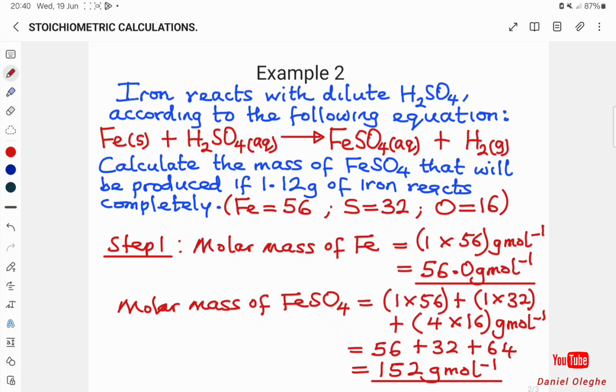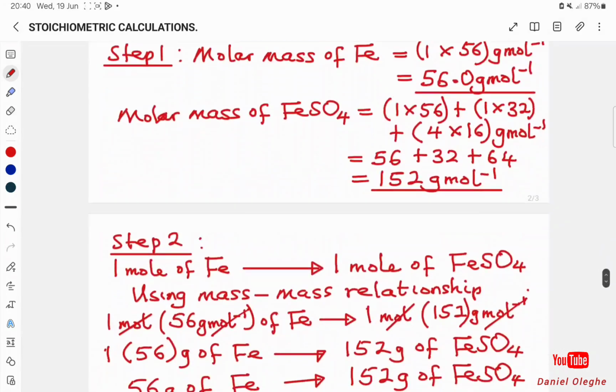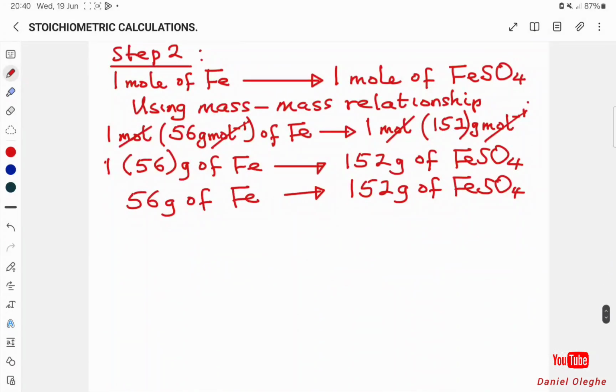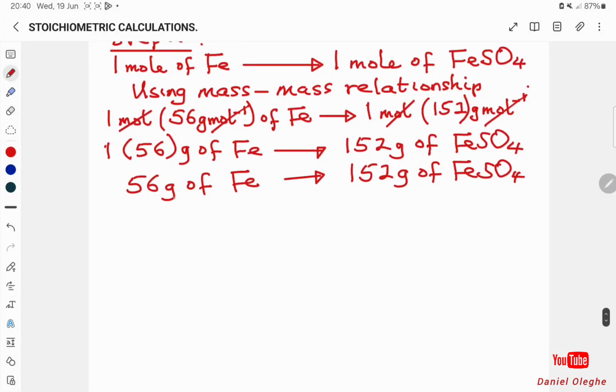But we are concentrating on only 2 out of them, which are iron and FeSO4. So they are related 1 to 1 to each other. So we have 56 gram of iron producing 152 gram of FeSO4.